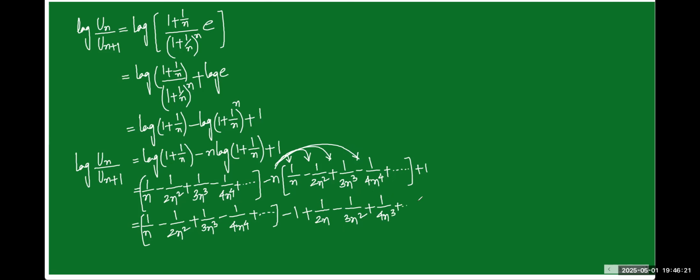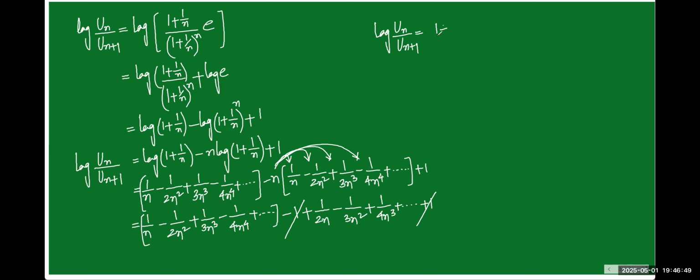Plus and so on. And here plus 1 is also there. Plus 1, minus 1 cancel. Now I am merging these two terms, 1 by n plus 1 by 2n. The continuation is here. Log of un by un plus 1 value is equal to 1 by n plus 1 by 2n.